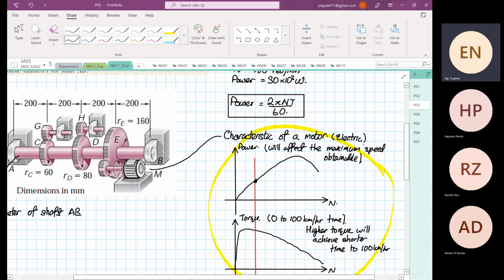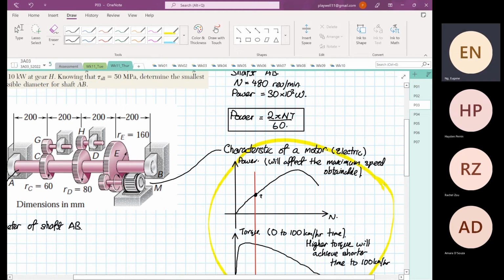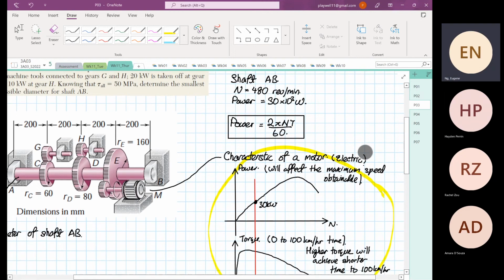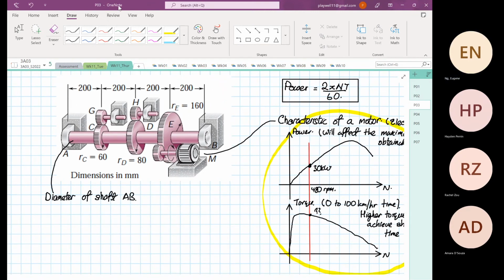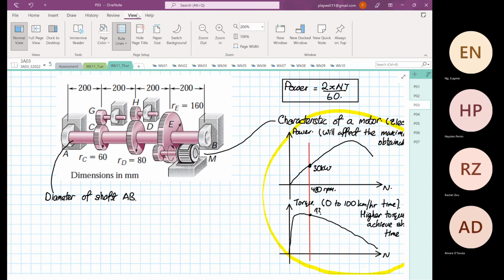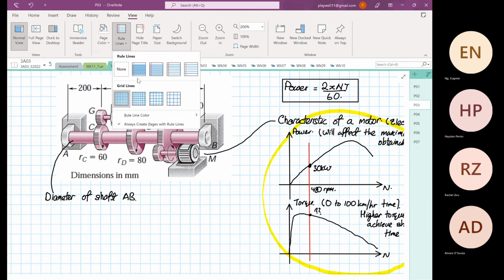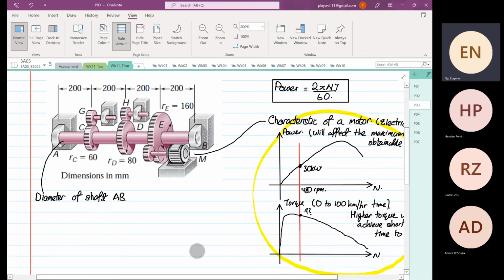So we're going to design our shaft to put out 30 kilowatt, and then we're going to run at 480 RPM. Then we're going to use a formula to determine what our torque is. Okay. So this is just a general point regarding the characteristic of the motor.